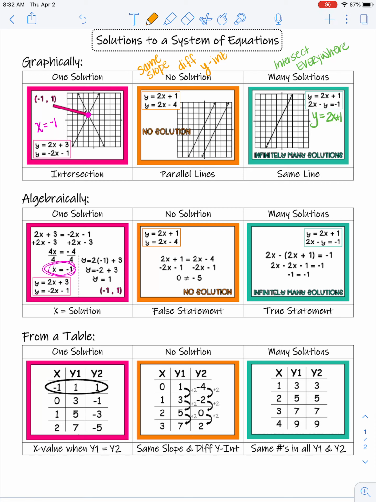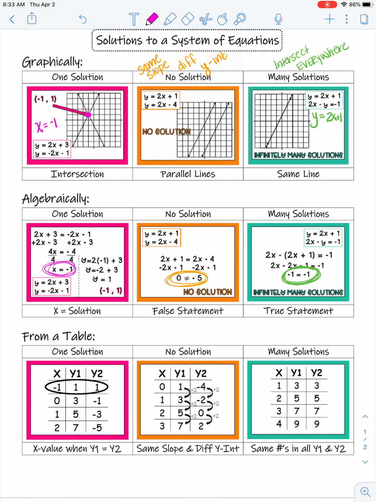If we were to solve algebraically, you would get 0 equals -5, which is not a true statement. 0 does not equal -5. So that is a false statement. And then example 3, if you solved, you would end up with -1 equals 1, which is a true statement, and true statements mean that you have infinite or many solutions.